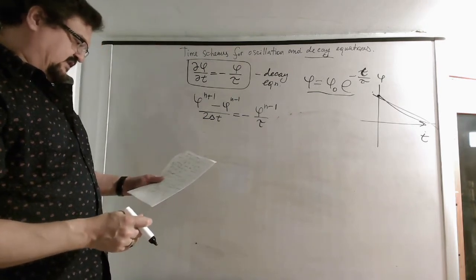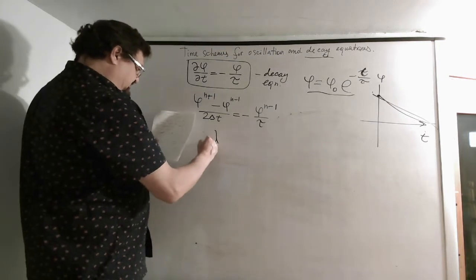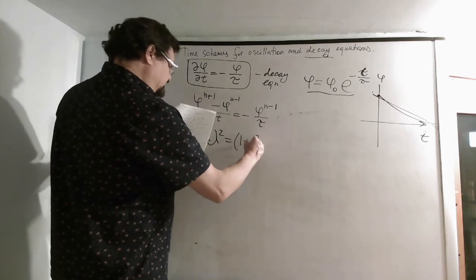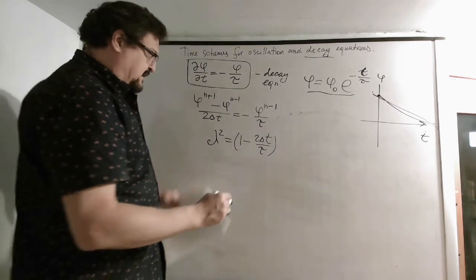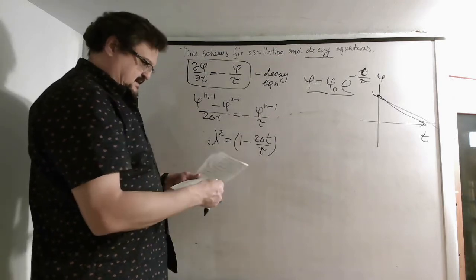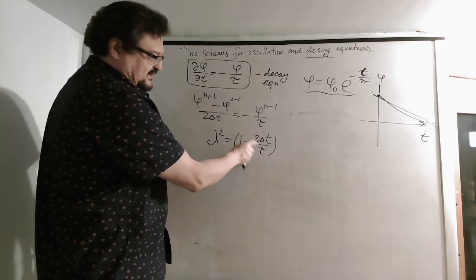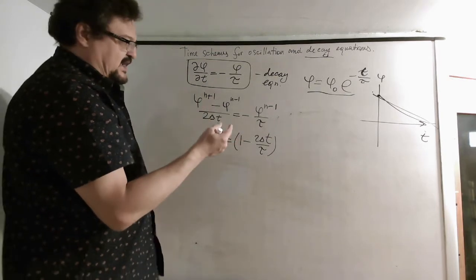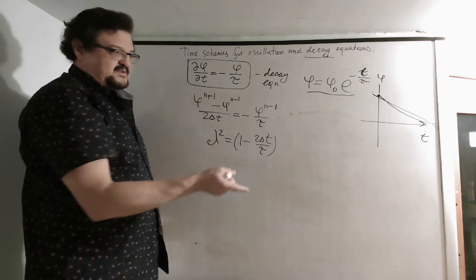So then you have a solution for lambda. Lambda square equals 1 minus 2 delta t divided by tau. So you see that lambda squared is smaller than 1. Okay, but it should be real, so as long as the whole thing is greater than 0. If it becomes smaller than 0, then it becomes a complex solution.